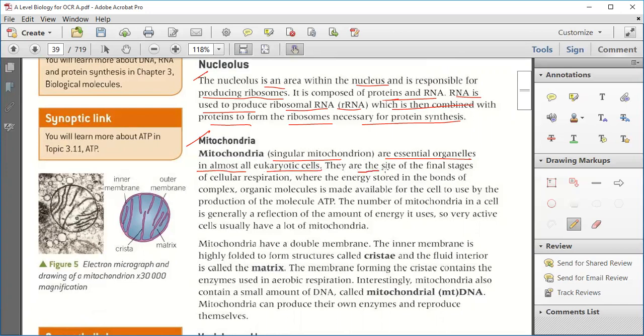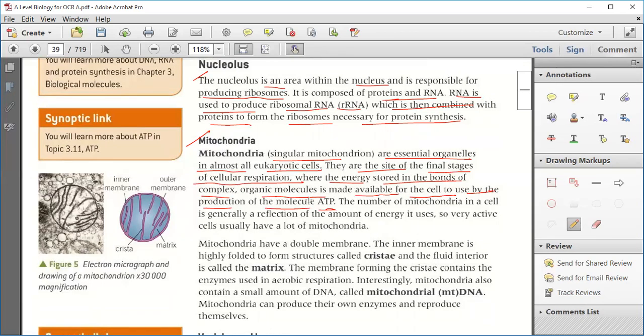They are the site of the final stage of cellular respiration, where the energy stored in the bonds of complex organic compounds is made available for the cell to use by the production of the molecule ATP, that is adenosine triphosphate.